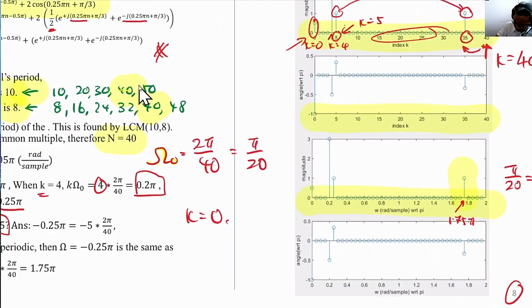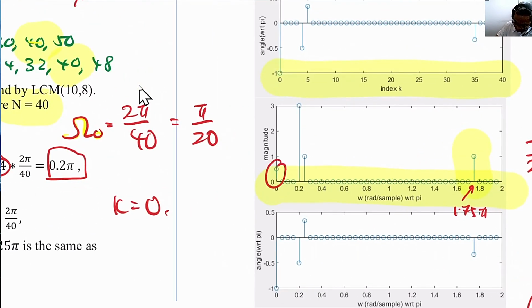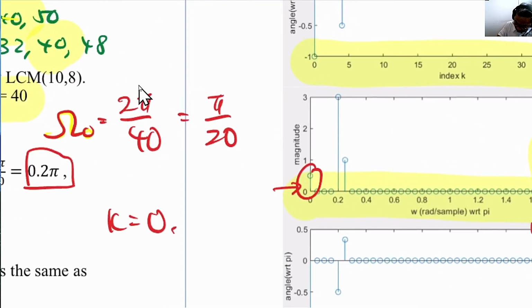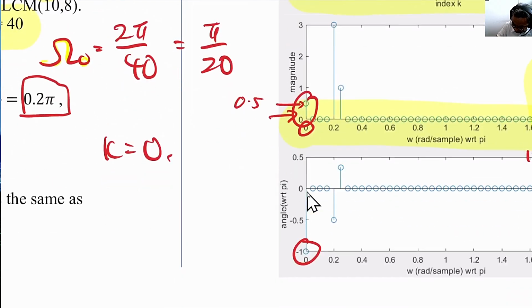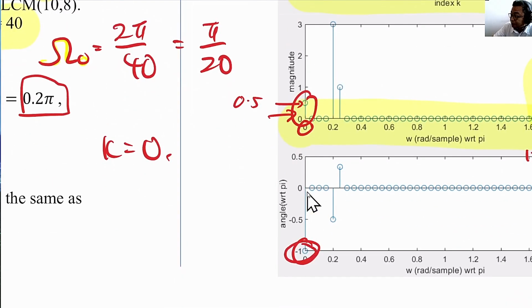Let's see what it is. So we have magnitude here and we have phase here. So the magnitude should be minus 0.5, or the magnitude should be 0.5, so we get 0.5 here at omega equals 0, and the phase is minus pi.